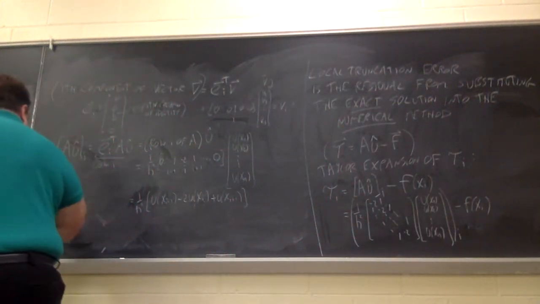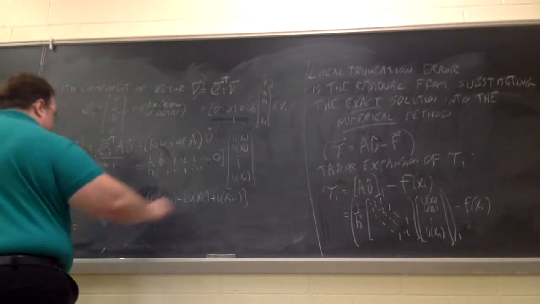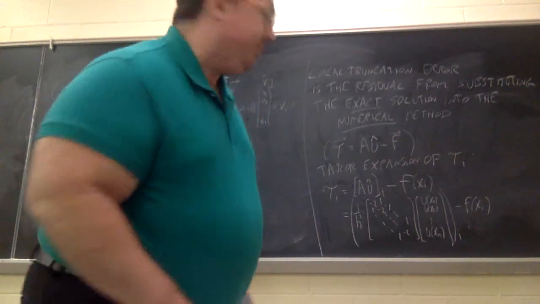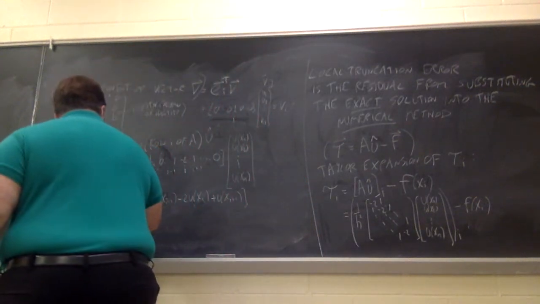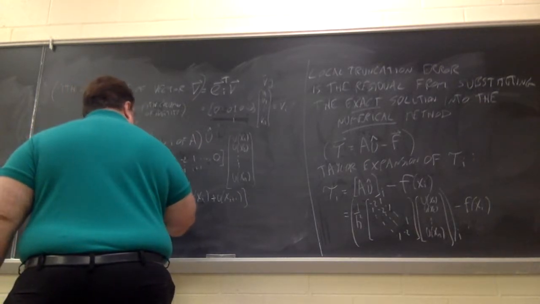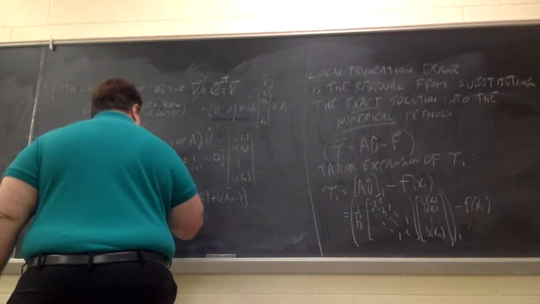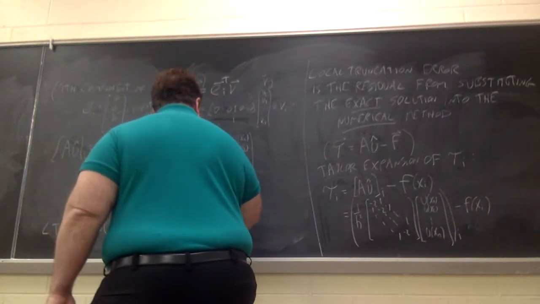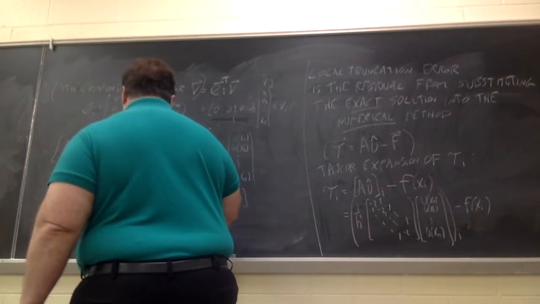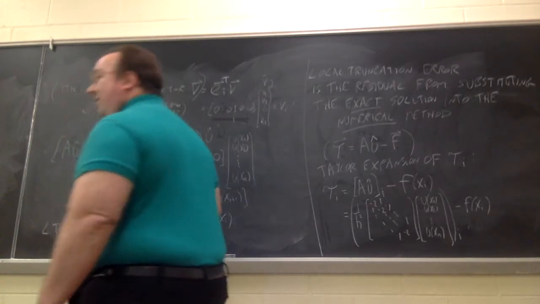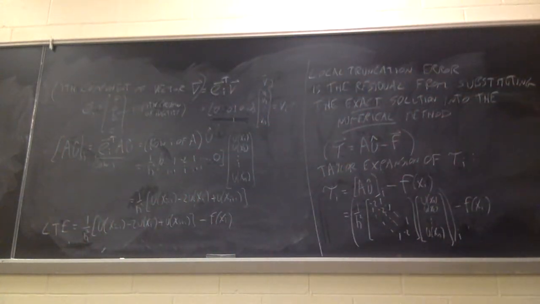So the LTE at this point is all that: 1 over h squared times u(x_{i-1}) minus 2u(x_i) plus u(x_{i+1}), minus f(x_i). It's h squared, not 1/2. Wow, I'm really off today.